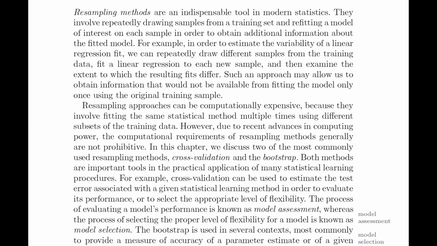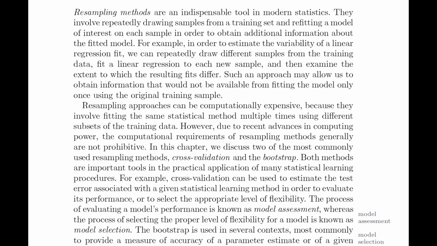And for each 100 values, we were getting a slightly different beta naught and beta 1. In many ways, that was giving us an idea of the confidence interval on the parameters that we were fitting. Let's continue reading. For example, in order to estimate, this is exactly it.